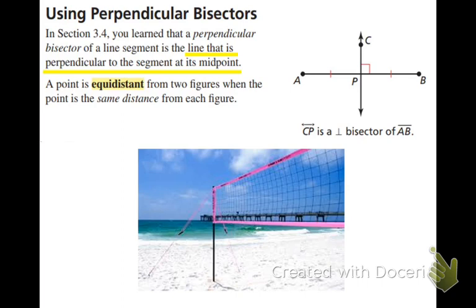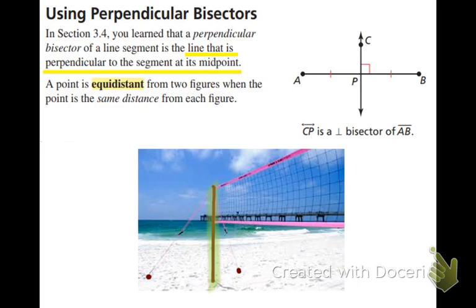If you look at my picture, this is a perpendicular bisector in real life, or just perpendicular in general, because in order for a volleyball net to properly work, it needs to be perpendicular with the ground. And although this is not a great angle, these stakes where they hold up the net are going to be the same distance to the pole. Again, not a great angle for that, but this is the idea of a perpendicular bisector.